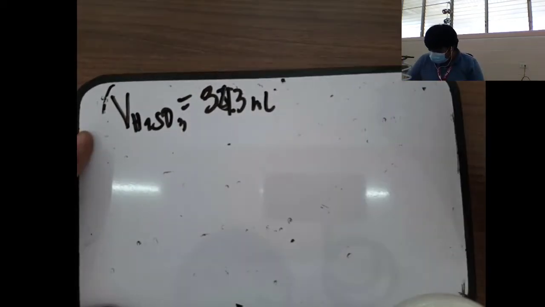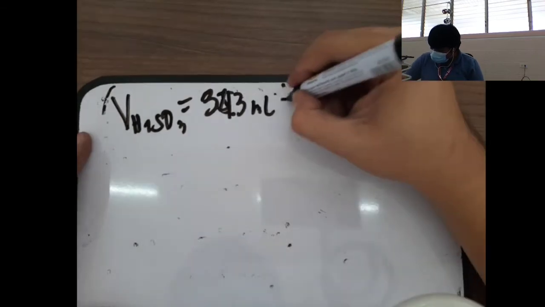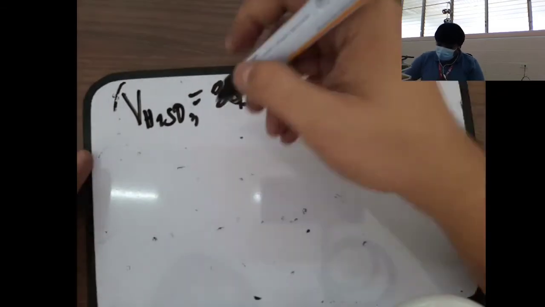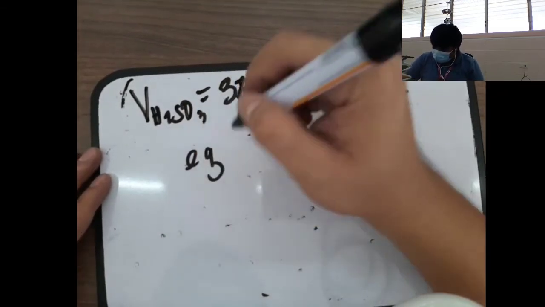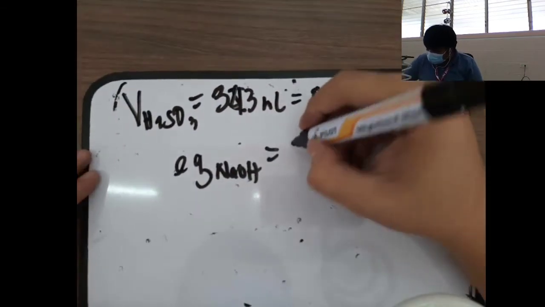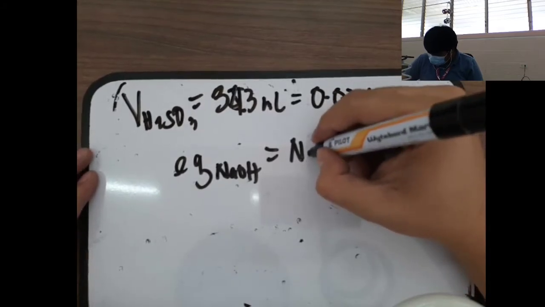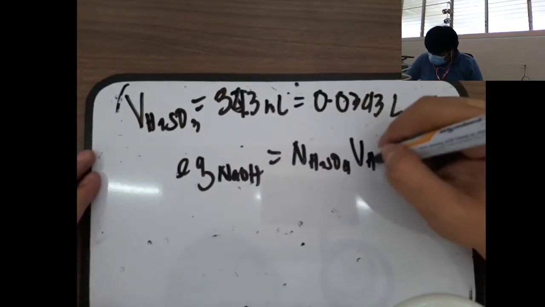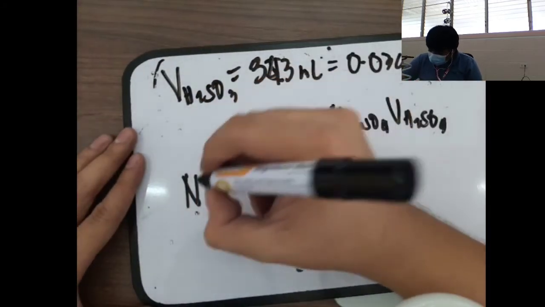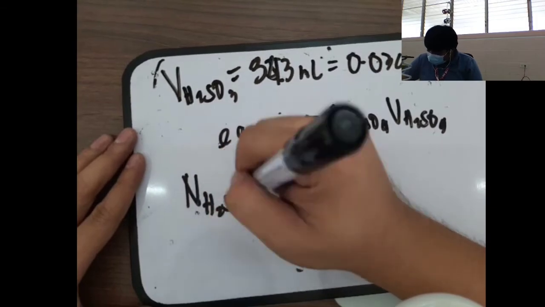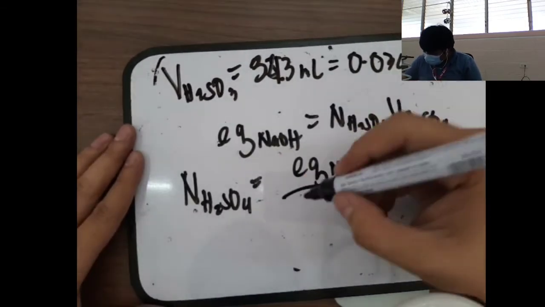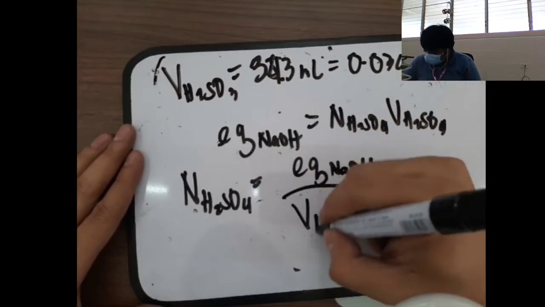So this is equal to 0.0343 liter. So we already have the equivalence of sodium hydroxide, and we know that the equivalence of sulfuric acid is NV. So therefore, the normality of sulfuric acid is equal to the equivalence of sodium hydroxide divided by the volume of sulfuric acid in liter.